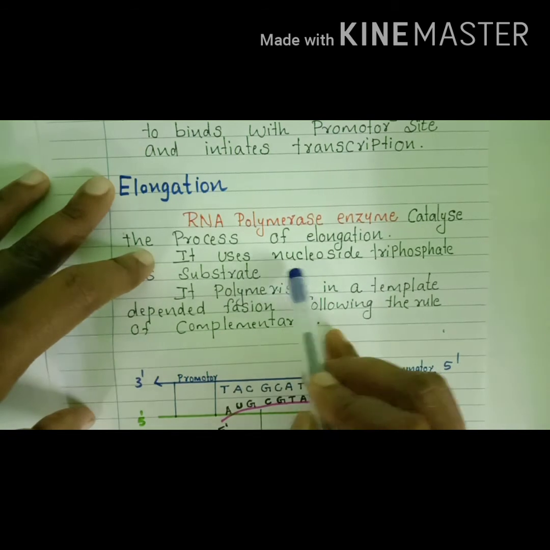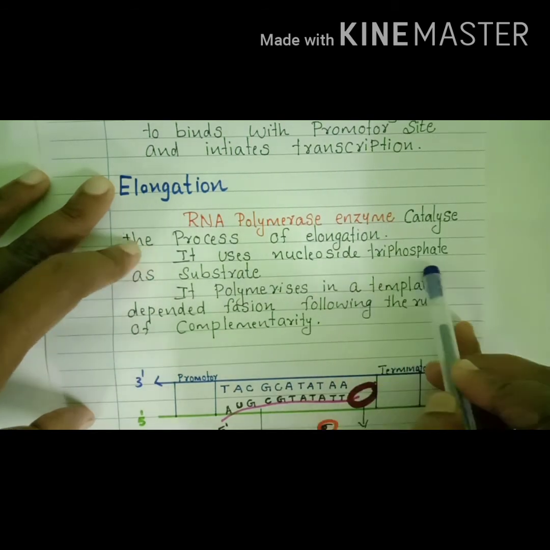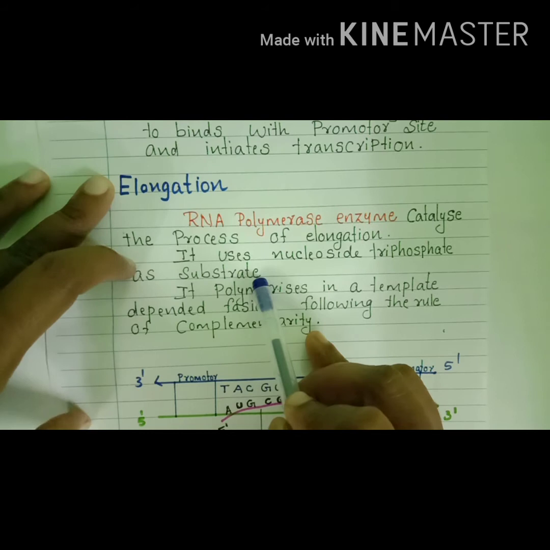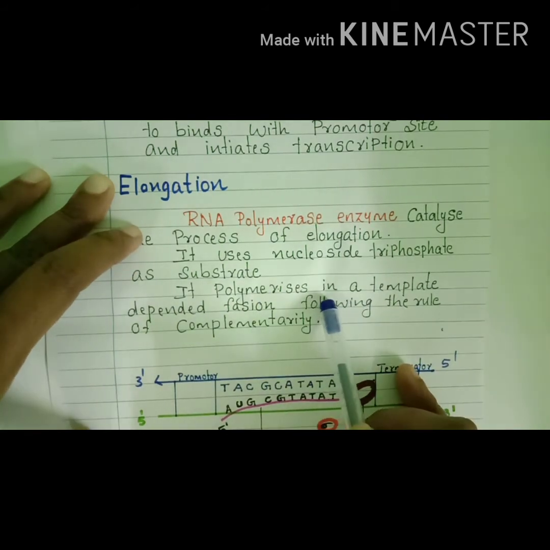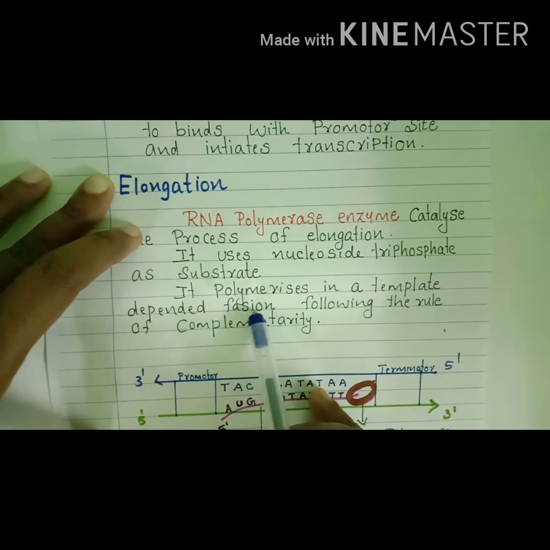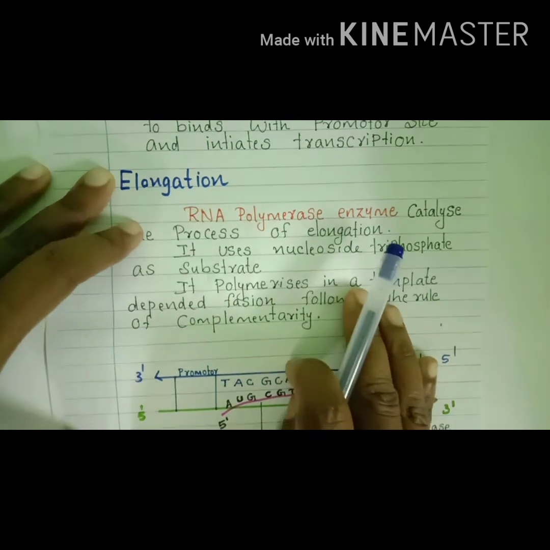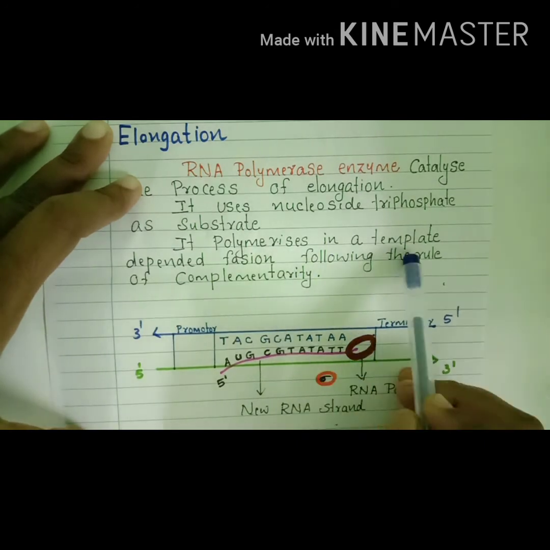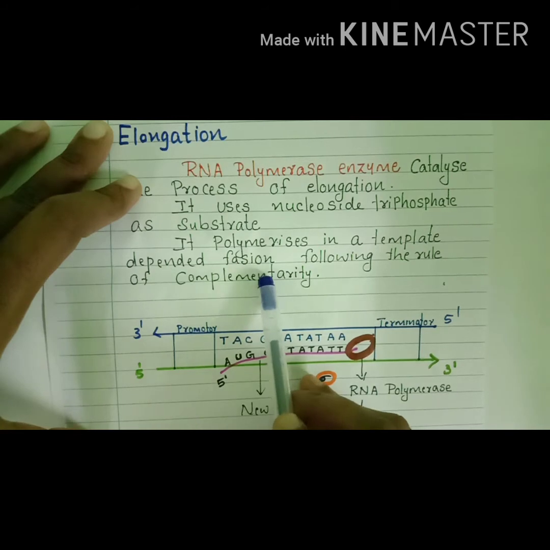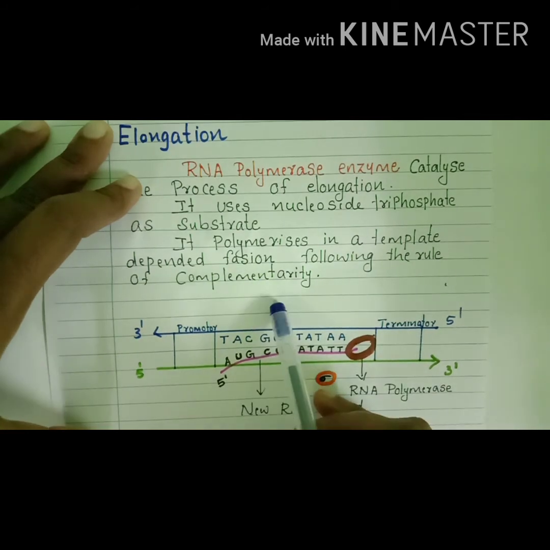So this enzyme uses nucleoside triphosphate as substrate. Then it polymerizes a new RNA strand in a template dependent fashion. The enzyme will synthesize new RNA based on this template strand, following the rule of complementarity.